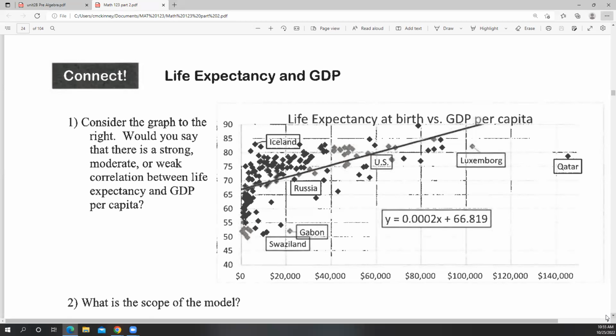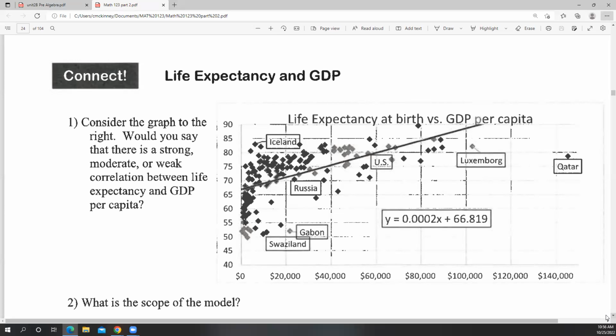I would say probably moderate, because we have some places like Iceland where their GDP is really low, but look how long they live. They're way up here, but their GDP is way down here.